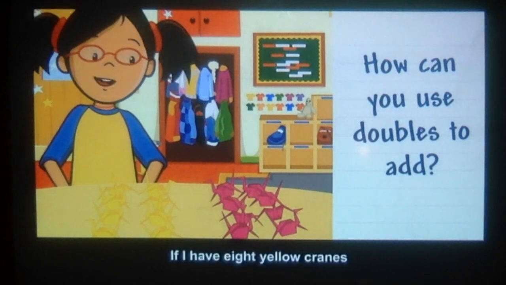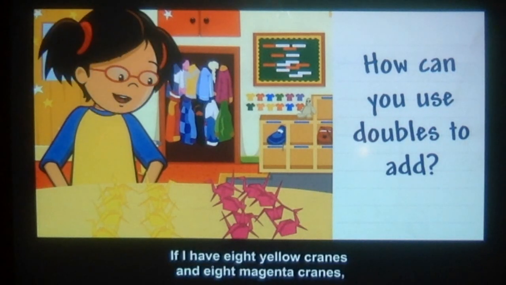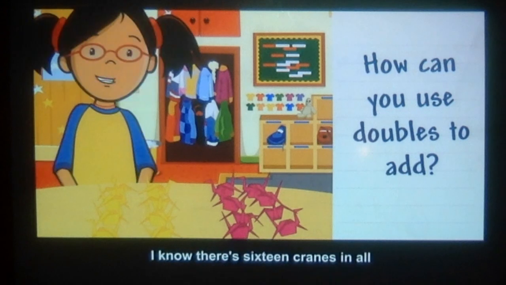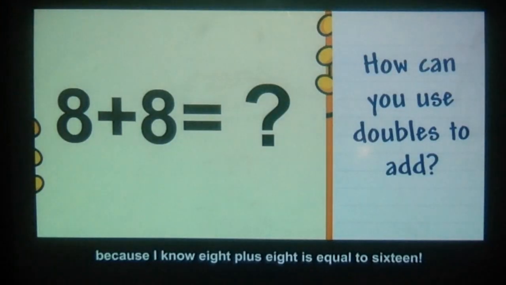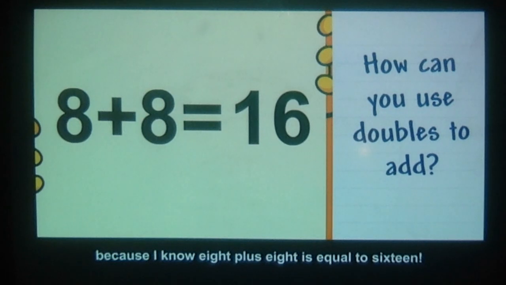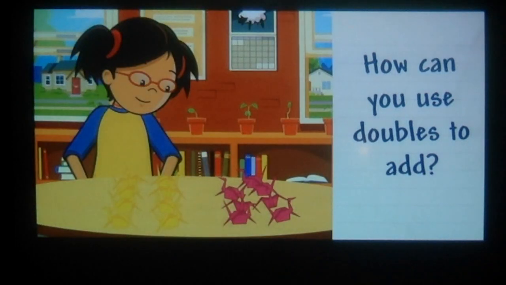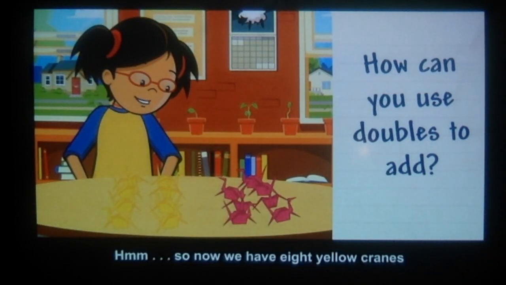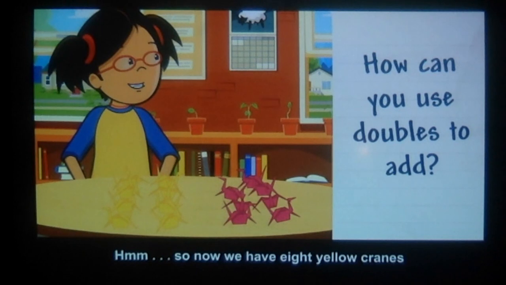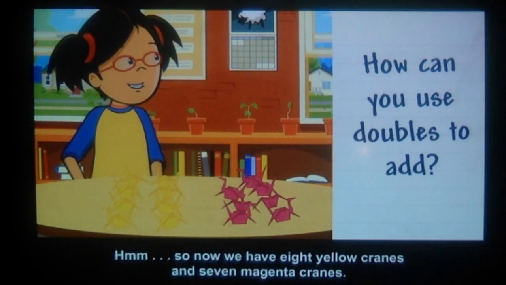If I have 8 yellow cranes and 8 magenta cranes, I know there's 16 cranes in all. Because I know 8 plus 8 is equal to 16. It's a double. So now we have 8 yellow cranes and 7 magenta cranes.